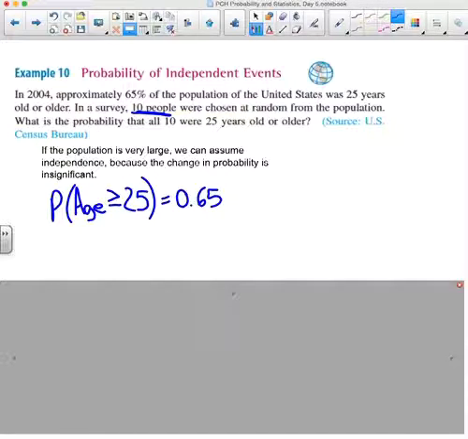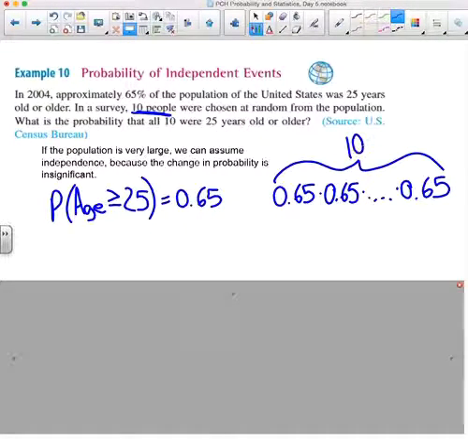So, if we have 10 independent events, it's going to be 0.65 times 0.65 times, and so on, ten times. All right? So, that's just 0.65 to the 10th power. Okay? Does that make sense? Okay.